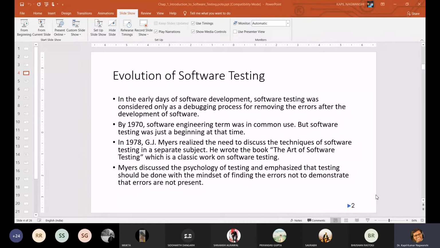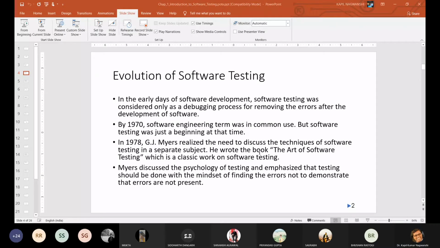And after that, after Myers, it was destruction oriented. He wrote about the psychology of testing and emphasized that testing should be done with the mindset of finding errors. So this is the destruction kind of thing.